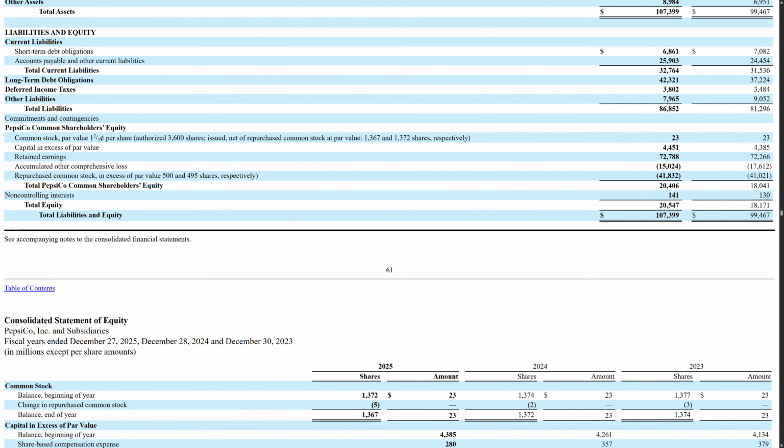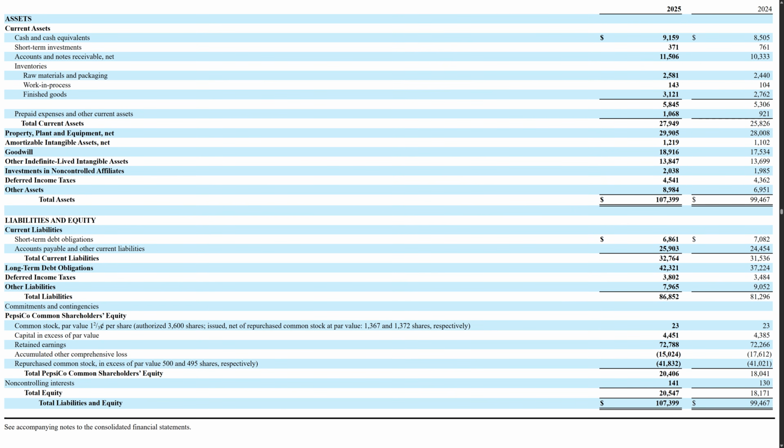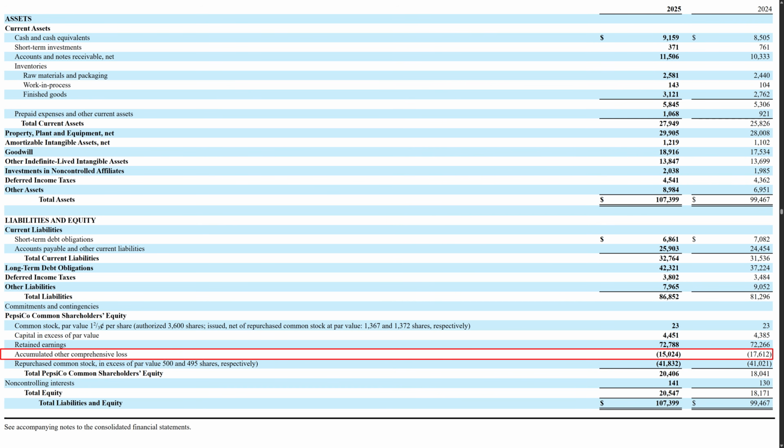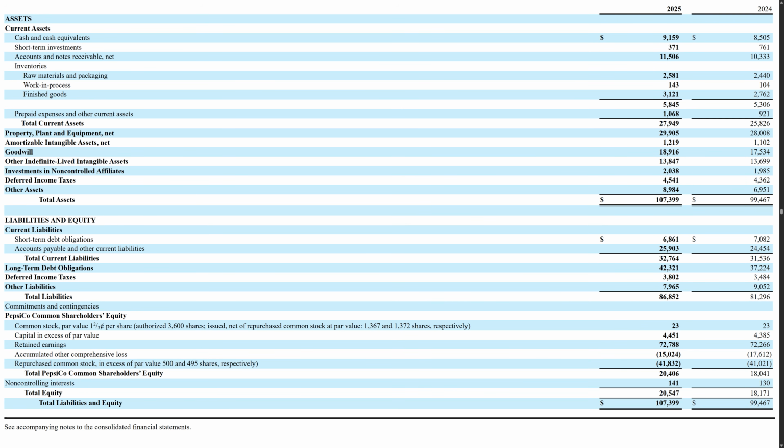And sure enough, if we just look at their balance sheet quickly, you can see their accumulated other comprehensive loss went from $17,612 million at the beginning of the year to $15,024 million at the end of the year, a change of $2,588 million. So that sheds some light on the statement of comprehensive income, where all those changes in those items accumulate here on the balance sheet in accumulated other comprehensive income, or in Pepsi's case, accumulated other comprehensive loss.